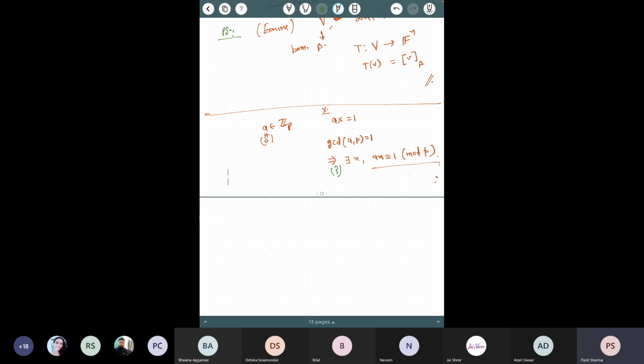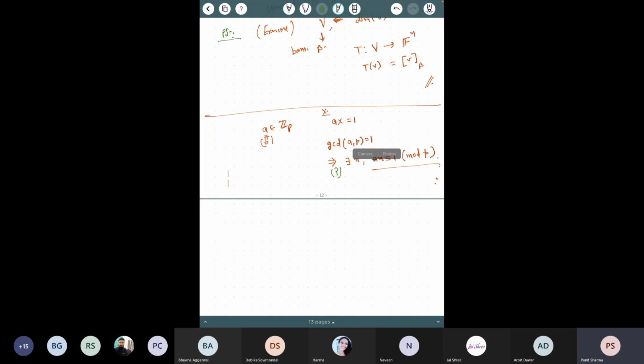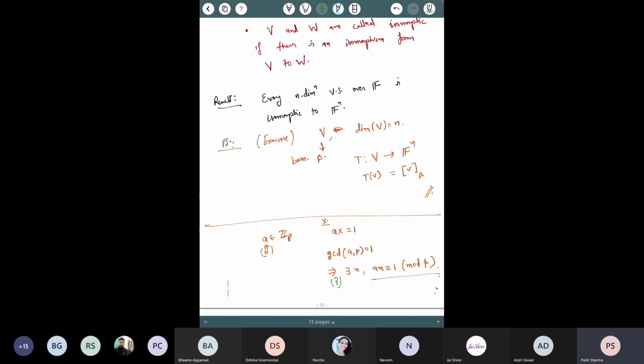You can take an example, let's say P equal to 3 or 5. In general, if you don't know P, what is your element? You don't know. Then in general, you would say it this way: since GCD of A and P is equal to 1, there exists X. Now if you put in the value of P and the value of A, you will be able to find X. In general, you would write it like this.